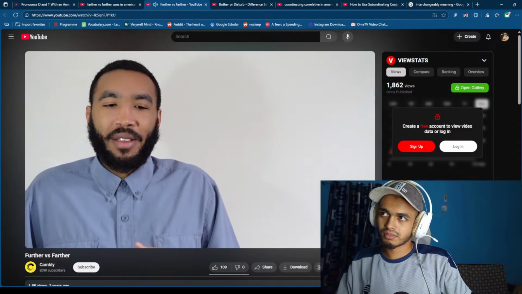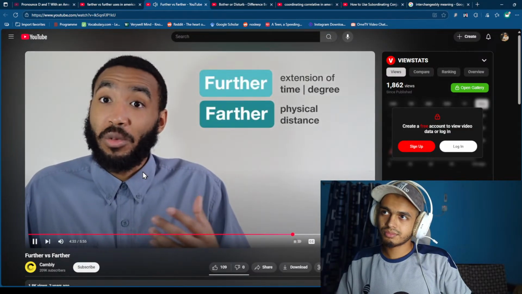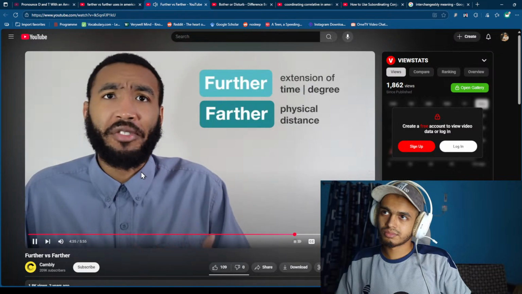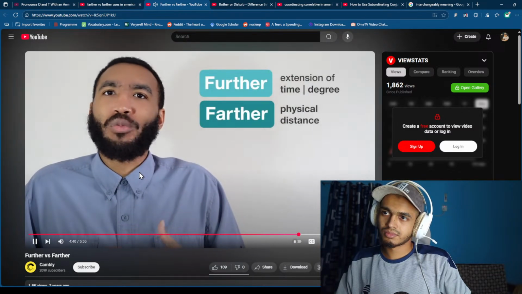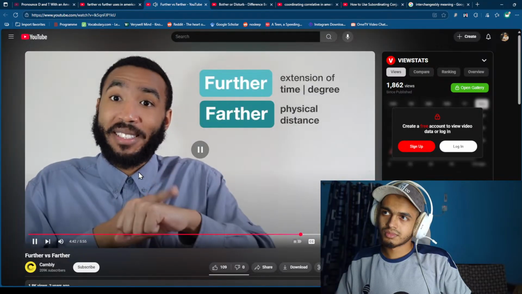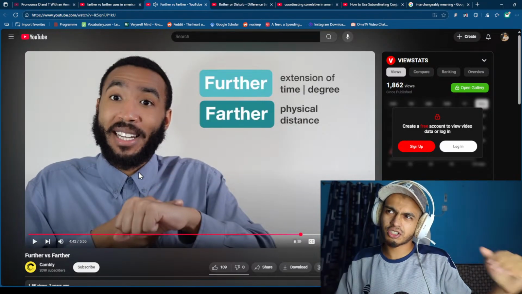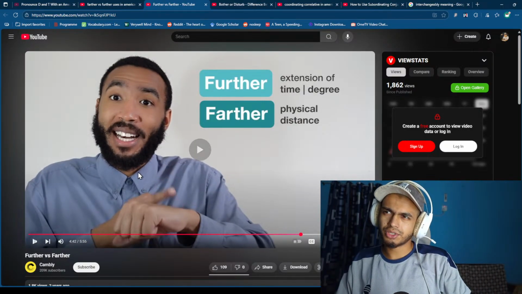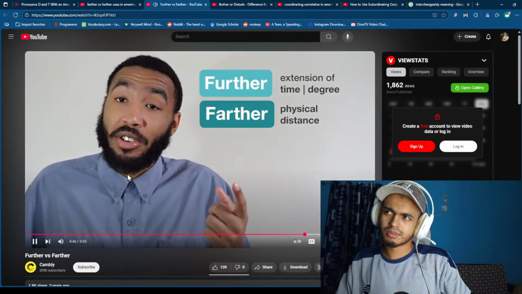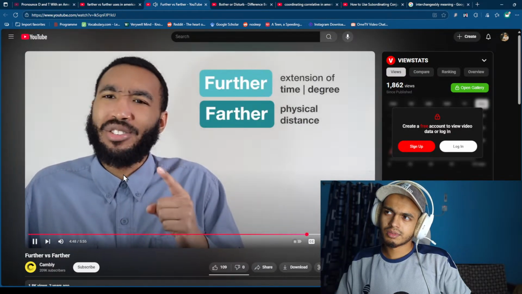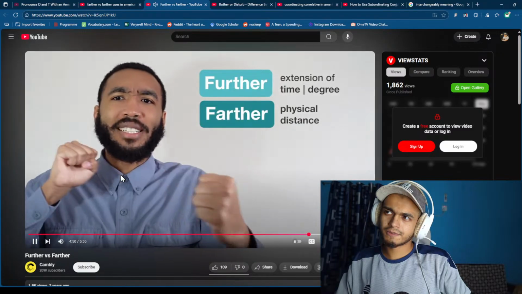Now, today's lesson was all about further and farther, where further is an adverb that refers to an extension of time or degree. And farther is also an adverb that is used to refer to physical distance.